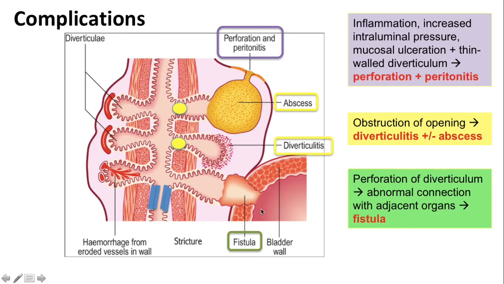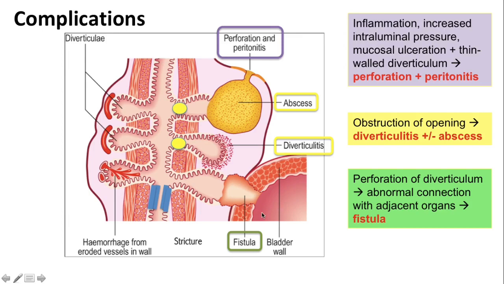On top of that, if the perforation of the diverticulum involves adjacent organs and a pathway or a connection is formed between these two organ lumens or cavities, then that leads to what we call a fistula formation.